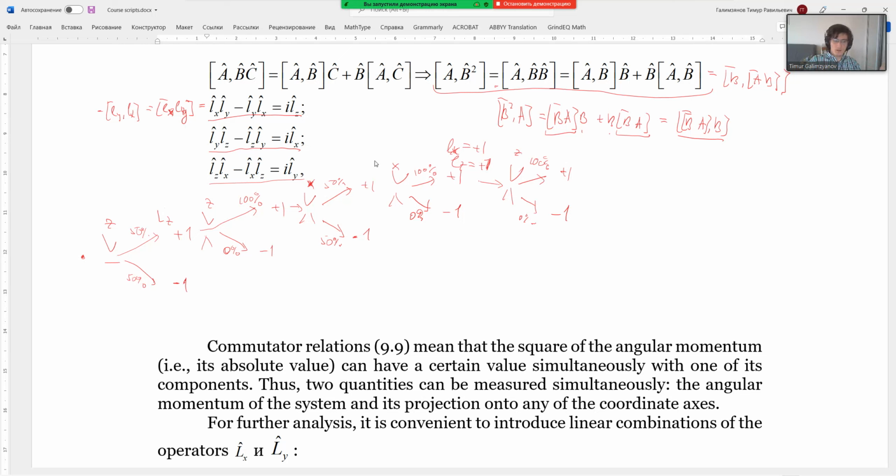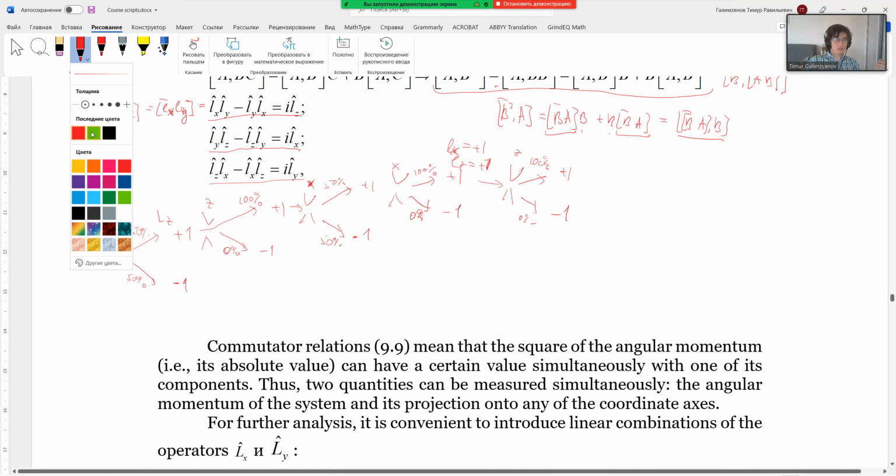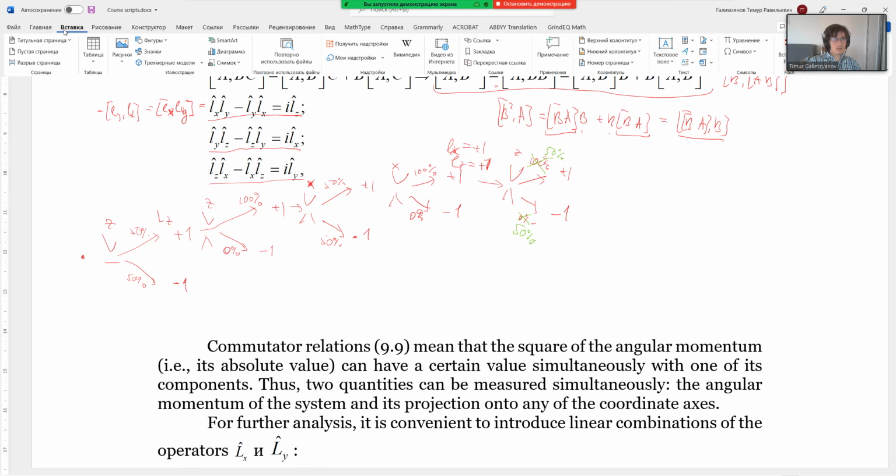So if you measure the z projection one more time, you wouldn't get 100%, you would get 50% +1 and 50% -1. That is how things are done.